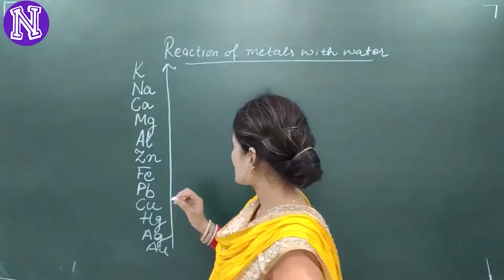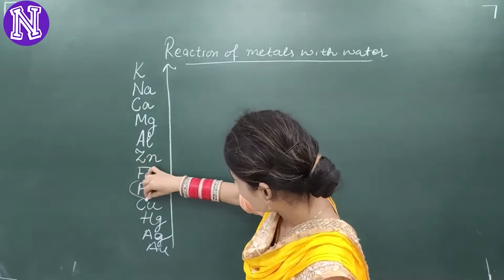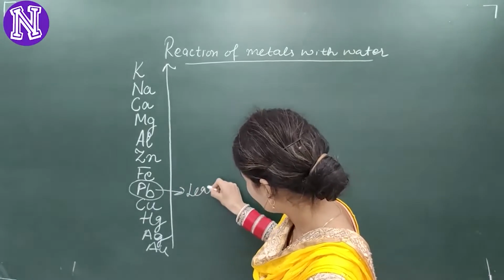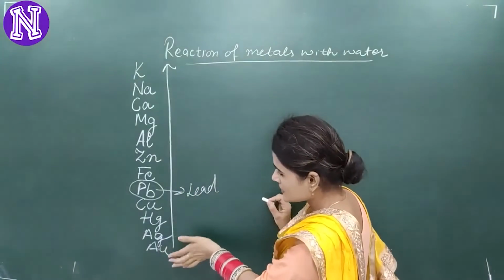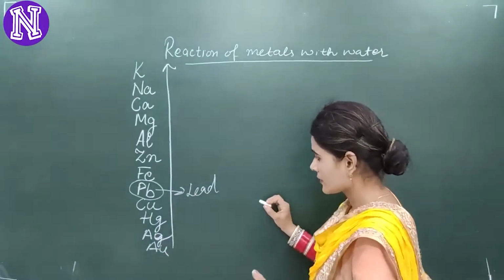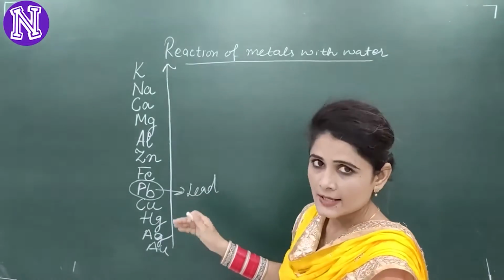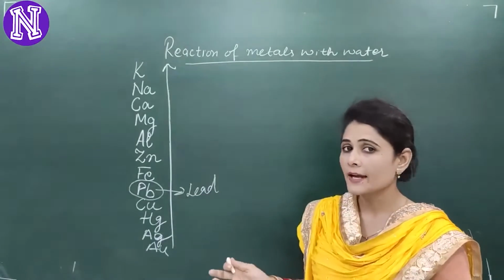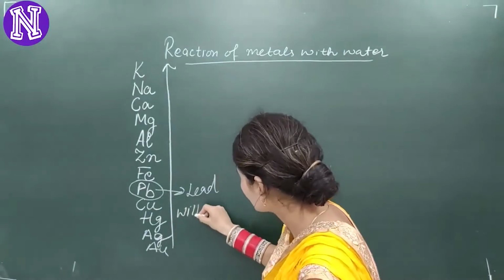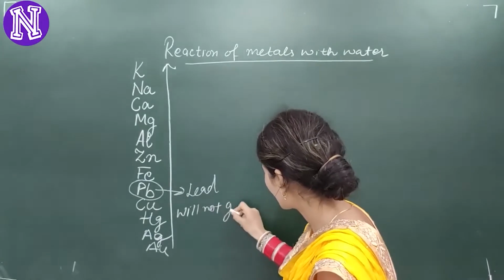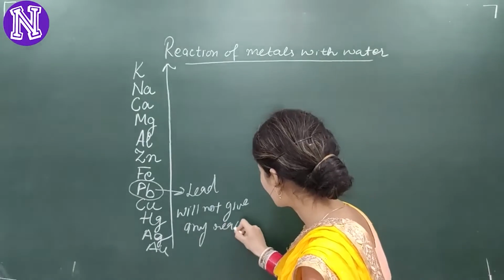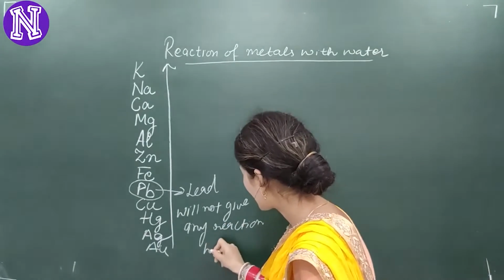So students, first see one thing. Here I am writing a metal, that is lead. The metals which are present below the lead are very less reactive and they will not give any reaction with water.